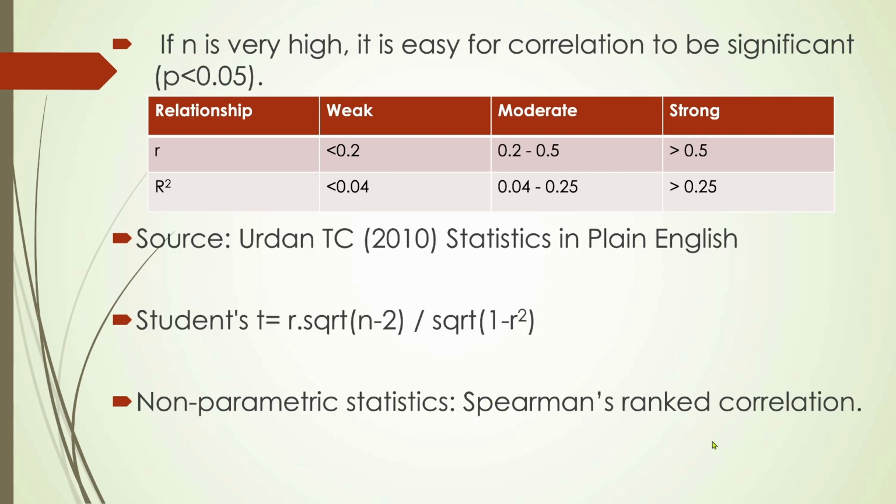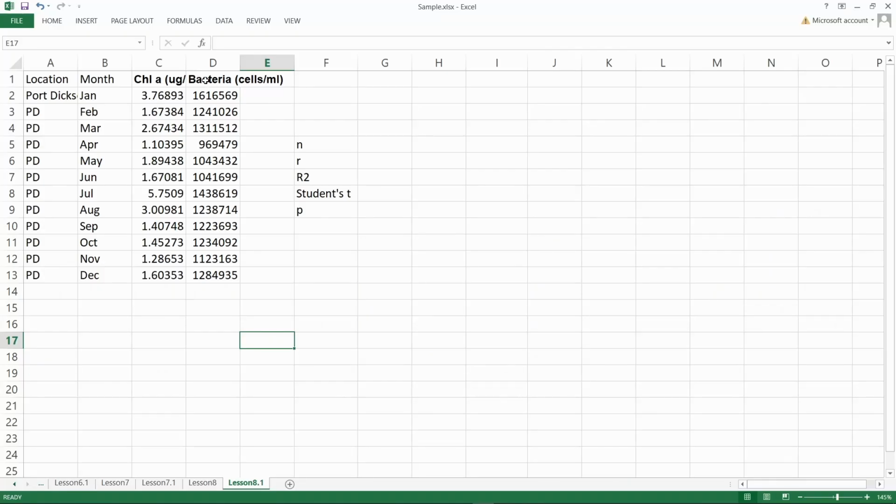Now let us try out correlation analysis in Excel and PAST. So here we have paired data sets collected from a coastal water location, Port Dickson, over a period of a year. First thing we have to do is log transform the bacterial abundance in order to use the parametric statistics.